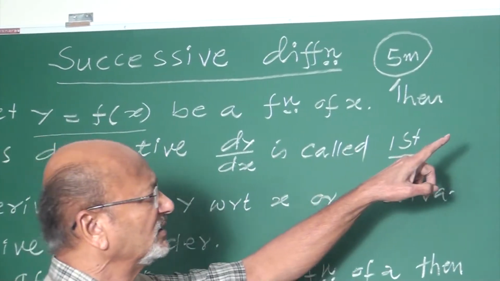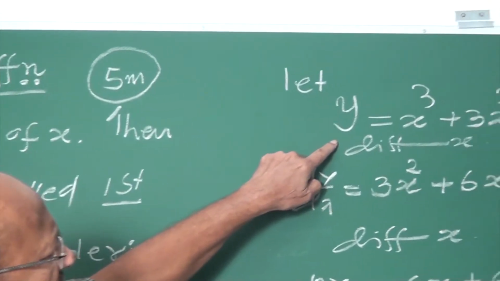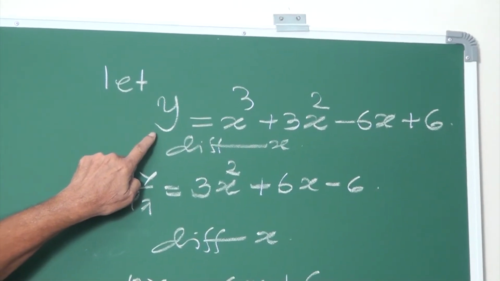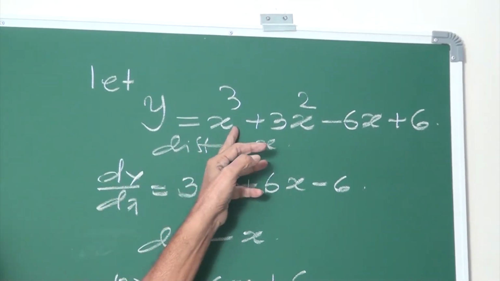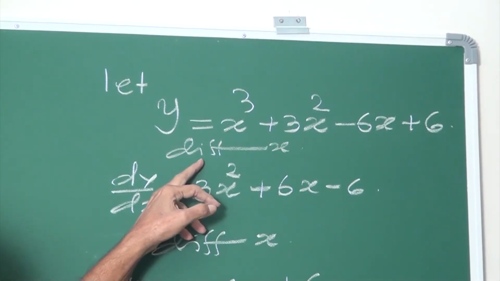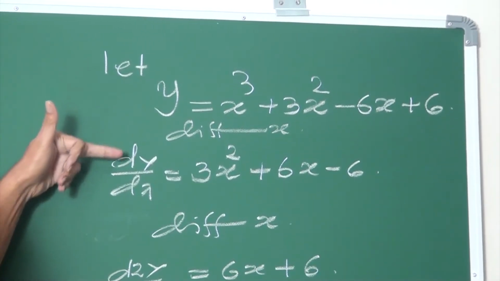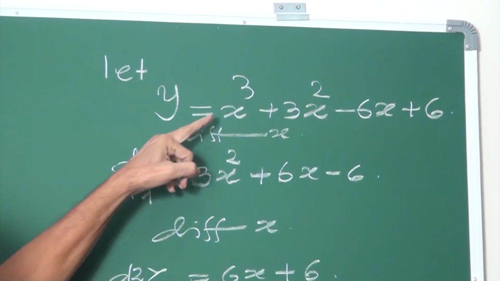See here. Let y equal to x cubed plus 3x squared minus 6x plus 6. This is a function of x. Differentiate with respect to x. What is dy by dx, the derivative of y with respect to x?